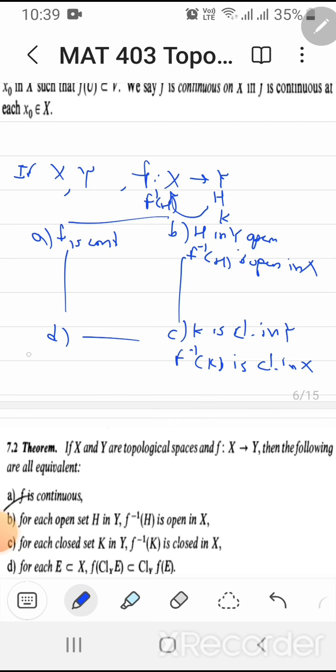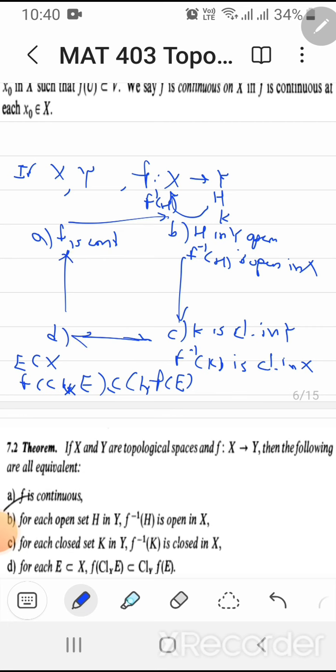The fourth condition is, for each E subset of X, f of closure of E over X is a subset of closure of f of E over Y. These four conditions are equivalent.